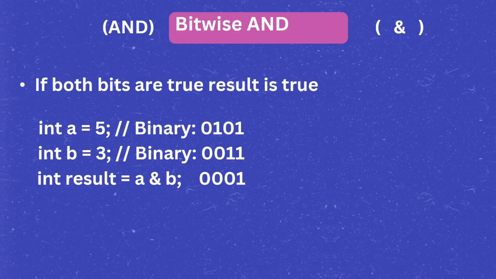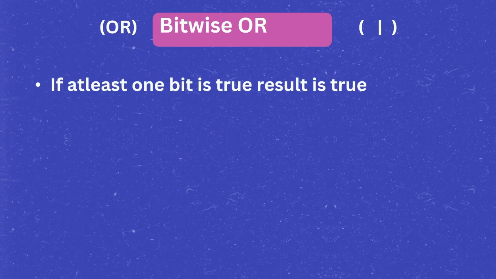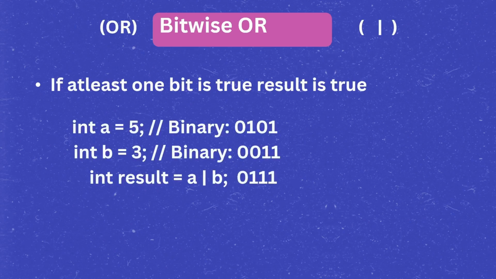Next type of bitwise operator is bitwise OR. The symbol is the single pipe operator. In this case, if at least one bit is true, the result is true. Same example we'll take. The representation of 5 is 0101. The representation of 3 is 0011.